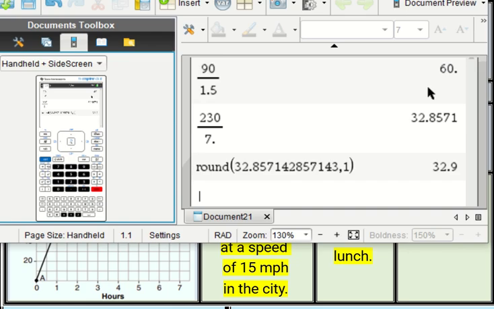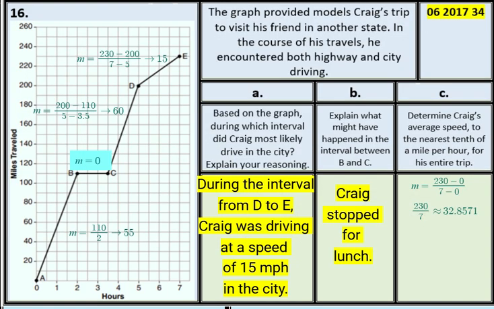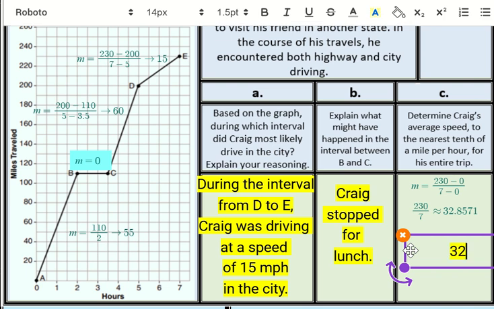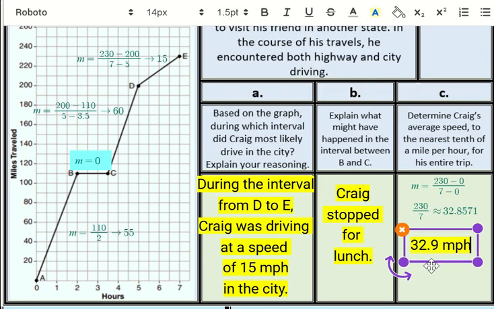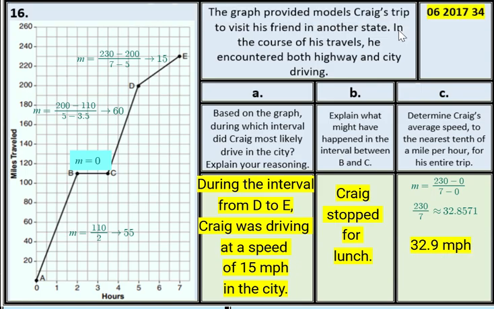So 32.9 miles per hour. And this was a 4-point question, and that's how to get all 4 points for question number 16.